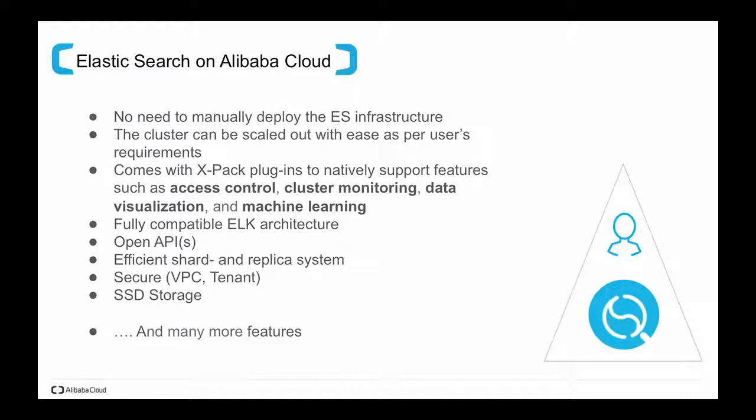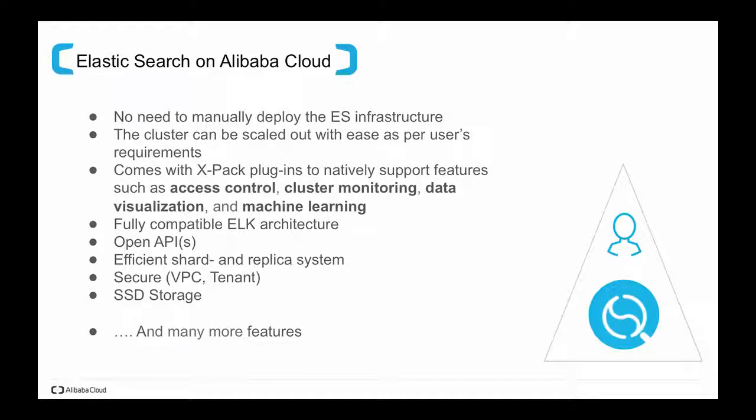Also, Alibaba Cloud provides easy scaling of the cluster. If you are using an ES deployed manually on bare infrastructure, you would have to handle scale in and scale out operations yourselves, while Alibaba Cloud provides handy tools to do this with ease. Also, Alibaba Cloud comes with an XPack plugin.